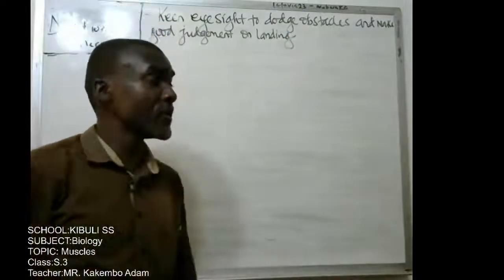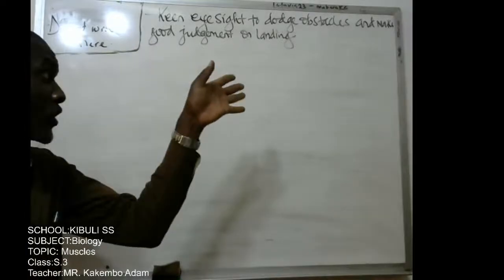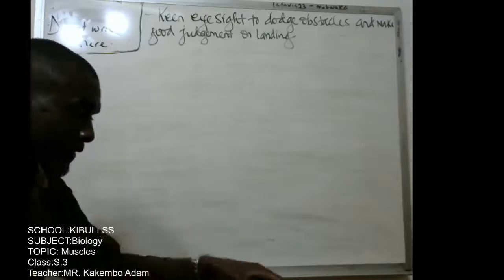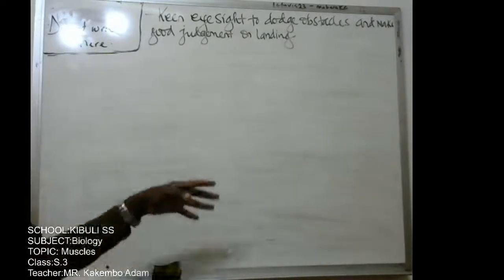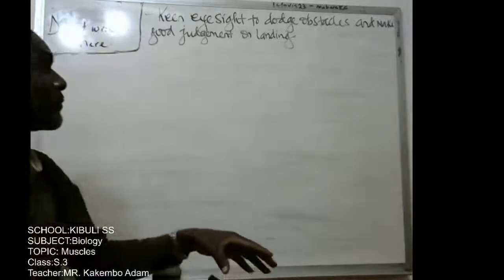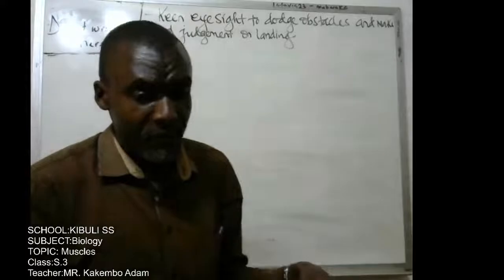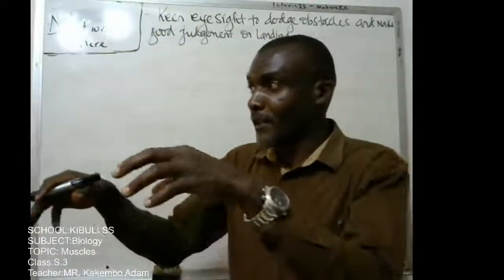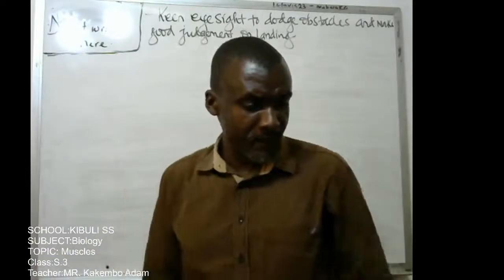It is to the advantage of the bird, the eye to dodge the obstacles when in flight, and the eye to see the surface where it's going to land. It doesn't just fall like luggage, because if that happened, it's likely to damage the feet. Because of that strong eyesight, it can make correct and good landing judgments.